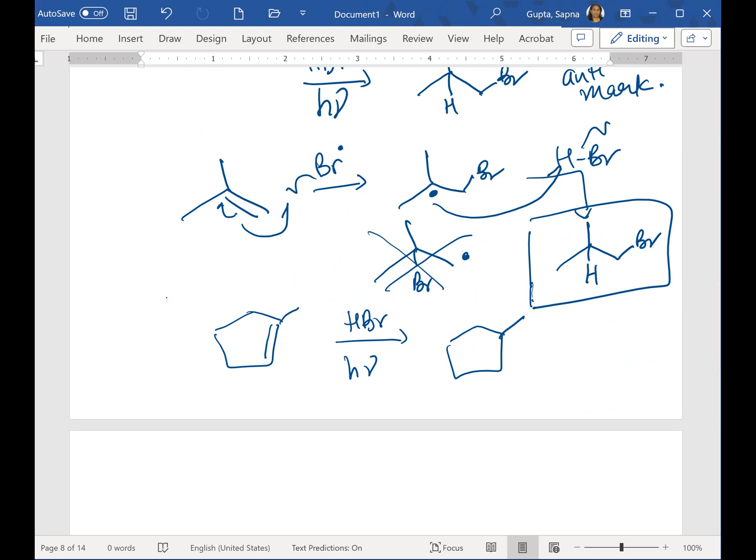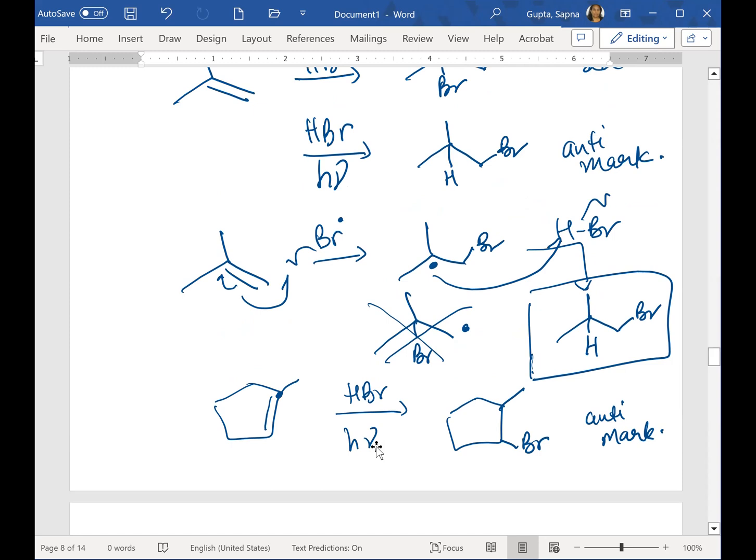You're going to put the hydrogen at the carbon with less hydrogen, so Br goes here. Anti-Markovnikov. So this is very normal for bromination.